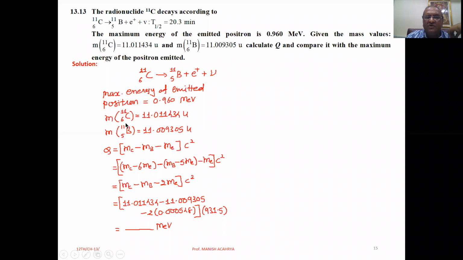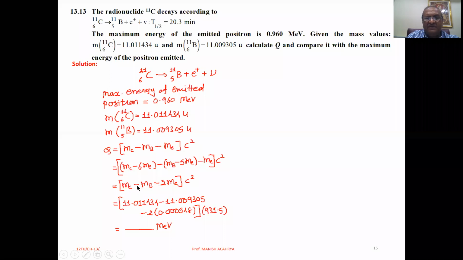The atomic masses of 6C11 and 5B11 are both given to you. So the Q value is the left-hand side mass, the mass of carbon, minus the right-hand side mass, the mass of boron minus the mass of the positron, which is the same as that of an electron. So here, the mass of carbon minus 6 electron masses, minus the mass of B minus 5 electron masses, minus me.